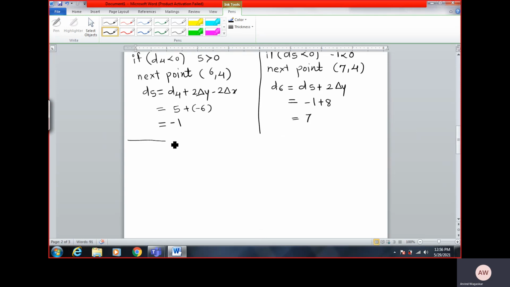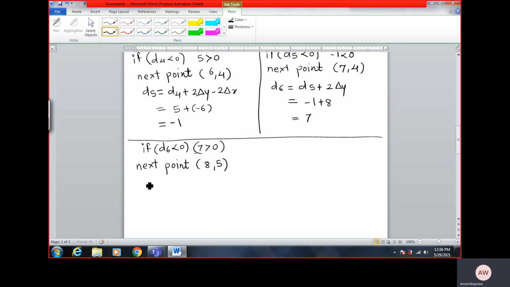Yes, now again we have to check whether the new value of d, that is now d6, is less than 0 or greater than 0. So d6 is 7, and 7 is greater than 0. So if it is greater than 0, your next point is you have to change x and y both. So previously it was 7 4, now it is 8 5. Okay, now next point is 8 5.